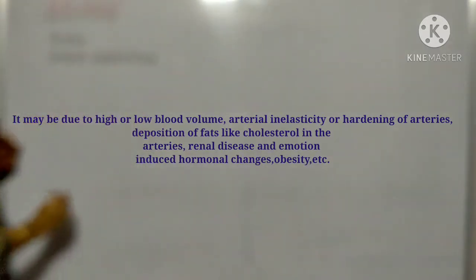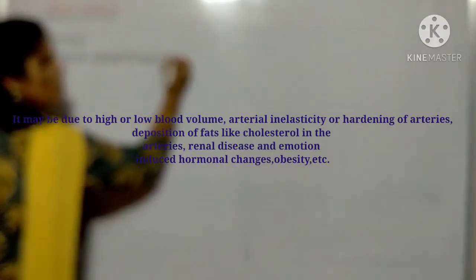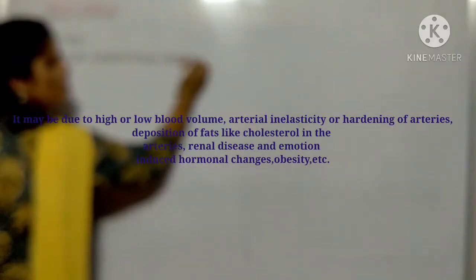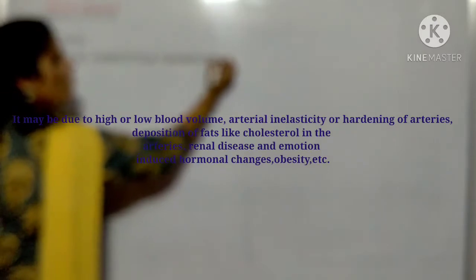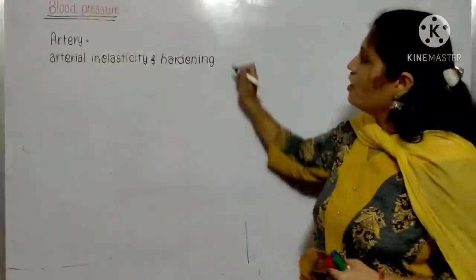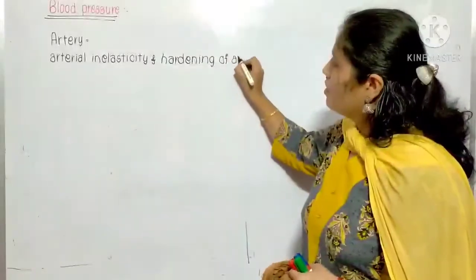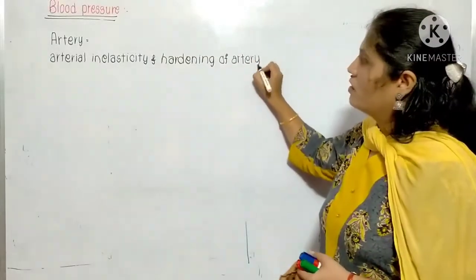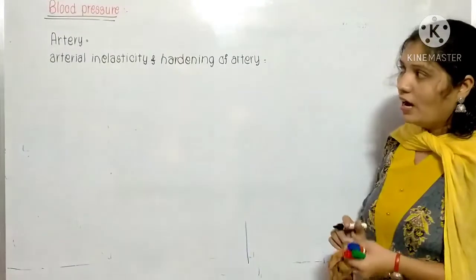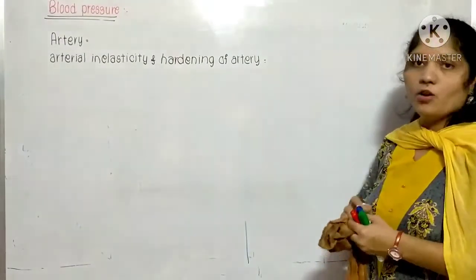And suppose there is a hardening of the artery, so that heart related disorder, hardening of the artery. What I am saying: arterial inelasticity and hardening of the arteries.